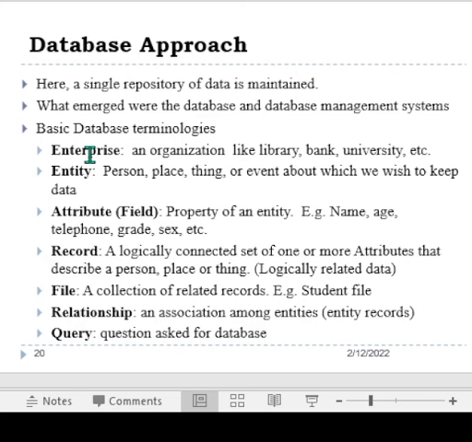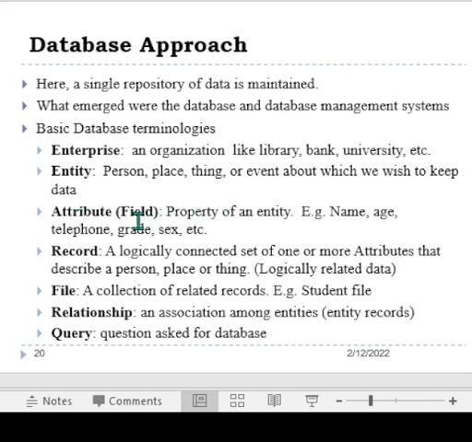In the case of enterprise, if you want to develop a database for an academy, the organization name is Academy. If you want to develop a database for research purposes, the organization is a research center. The next one is attribute. An attribute is a property or characteristic of an entity.